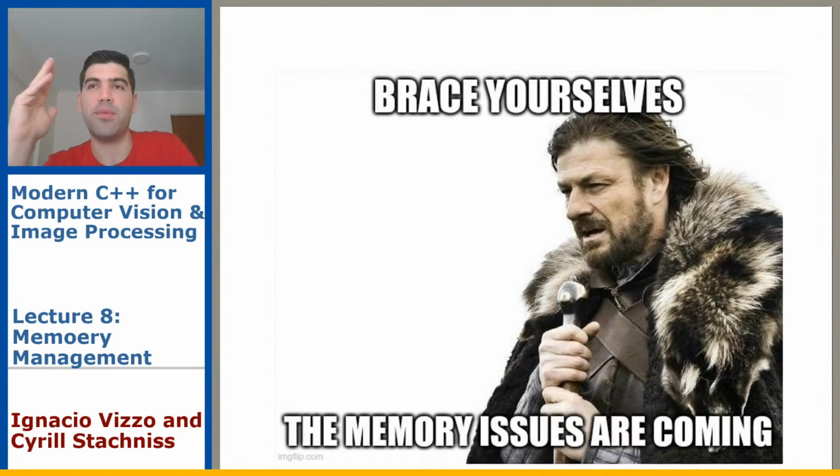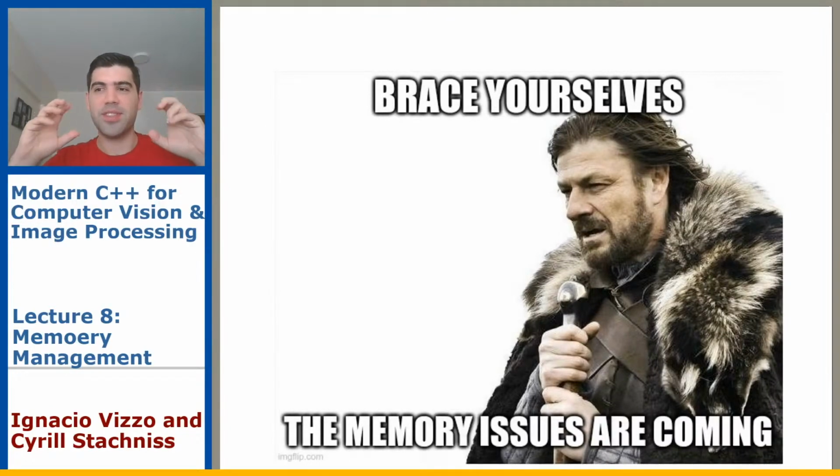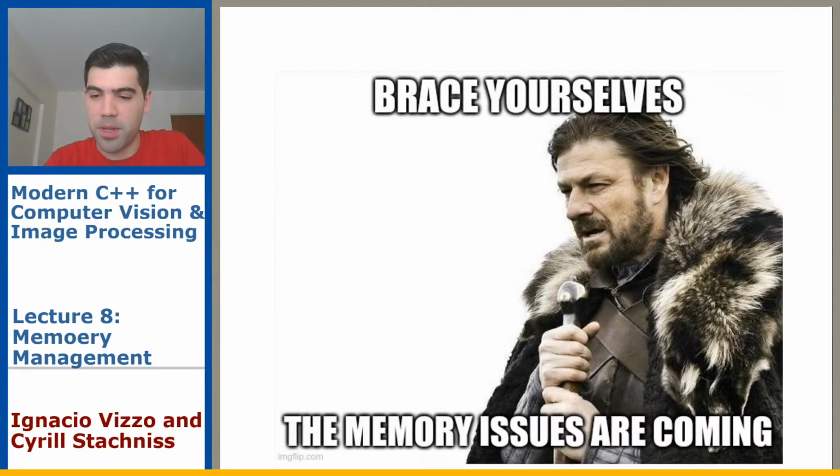So if you have a function foo, and you want to pass a variable to this function, actually in C you don't have objects, and you don't want to copy this variable, then you need to give the pointer to this variable. You need to say, okay, the reference is here on this particular address of memory.